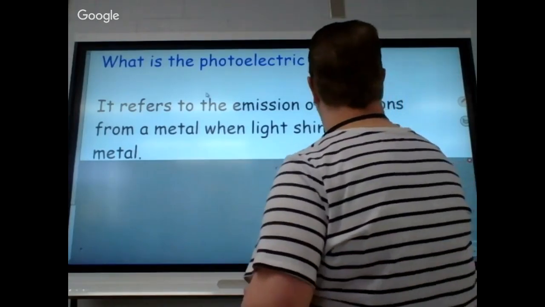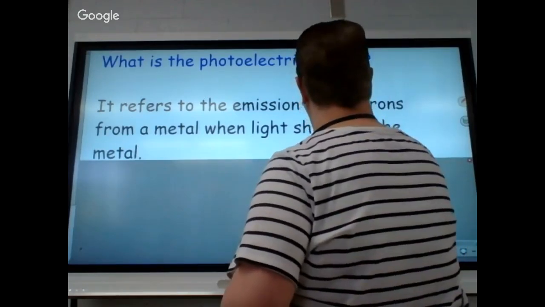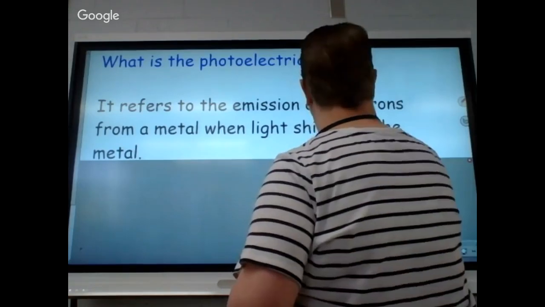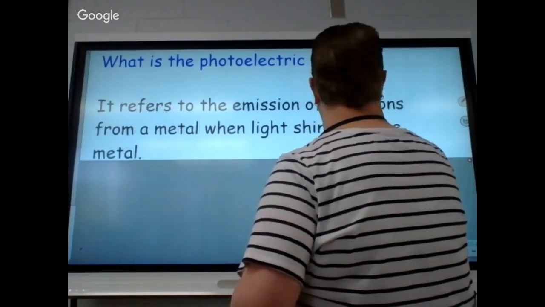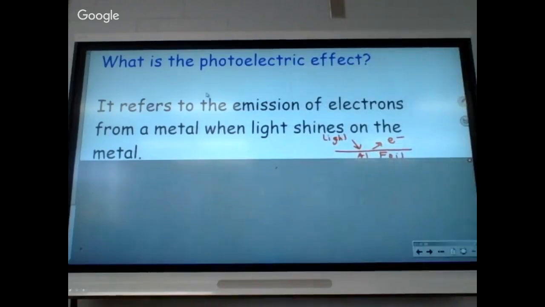All right? And light shines down and an electron pops off. Comes off. The whole concept of the photoelectric effect from beginning to end is going to be bizarre. I cannot fix the bizarreness of this theory. It's just weird.